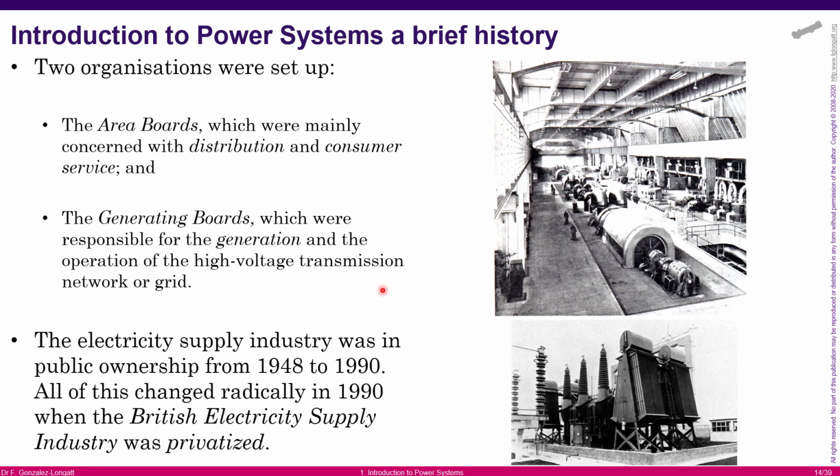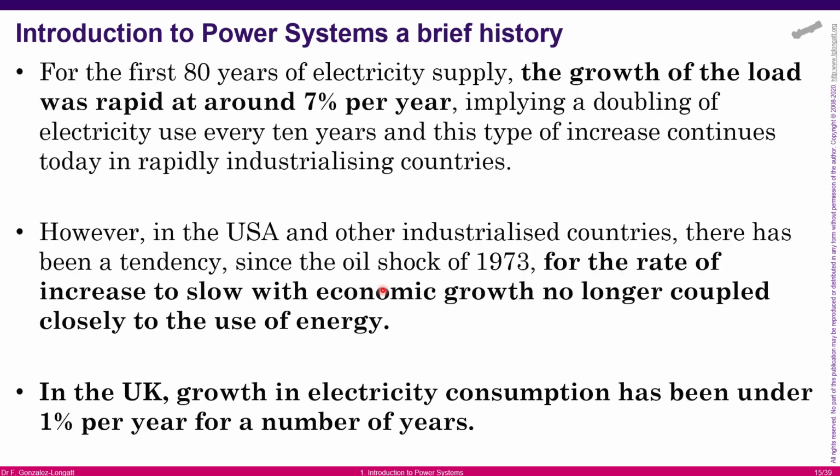The electricity supply industry was publicly owned until 1990, when the British electricity supply industry was privatized. For the first 80 years, the electricity supply in the GB system saw very high growth of electricity consumption, like 7% per year.